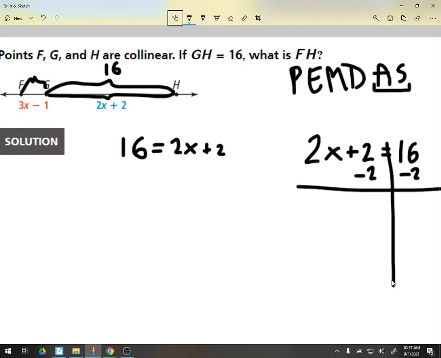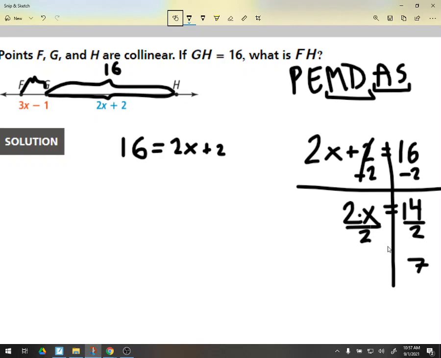You can put the lines in if they're helpful. So 16 minus 2 is 14. And then we bring the 2x down. So 2x equals 14. Then we do any multiplication or division next to get the x alone. This is 2 times x, so we divide both sides by 2. 14 divided by 2 is 7.